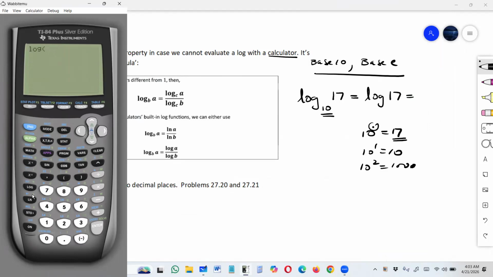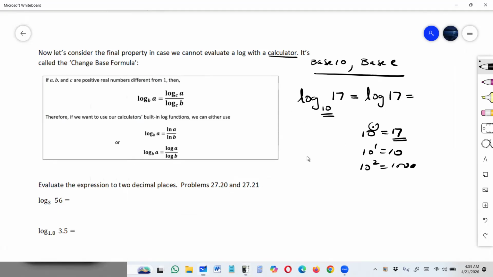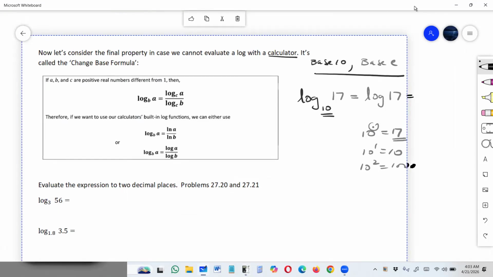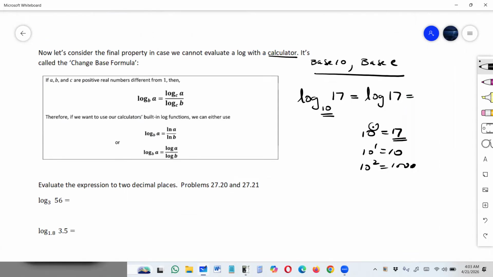So all I have to do now is type in 17 right here, and the calculator will give me an approximated answer. Now, this is not the exact log because these decimals go on forever, but the calculator is only showing those many digits. So approximately the answer is 1.23. So if this is a question on the exam, you would just use the calculator and write approximately 1.23.